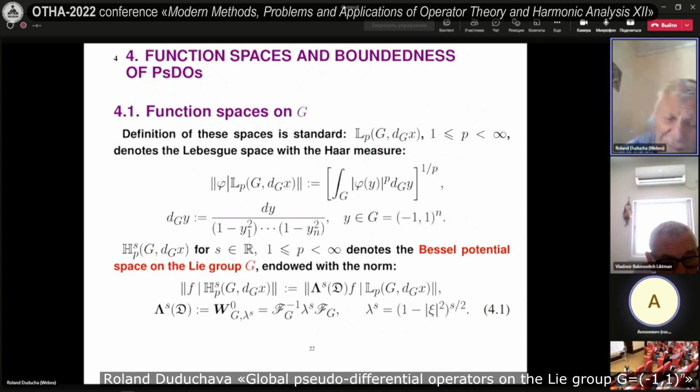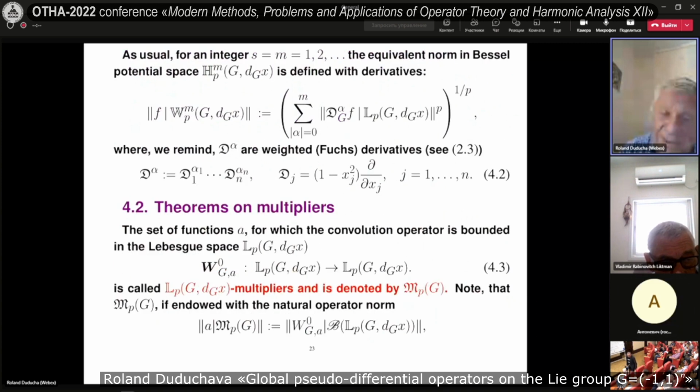Bessel potentials. Take these Bessel potentials and define in a standard way the Bessel potential spaces, which coincide with the similar spaces, but the derivatives are weighted derivatives again.